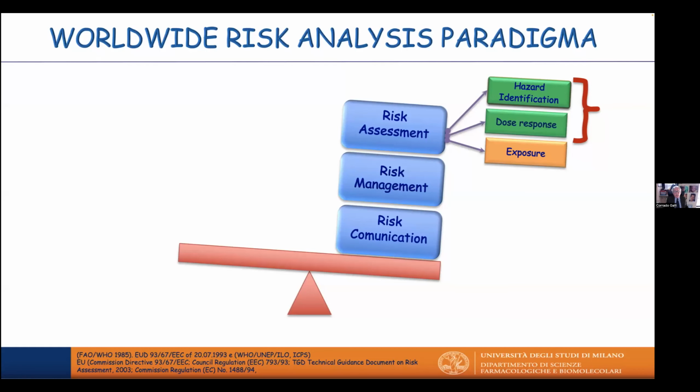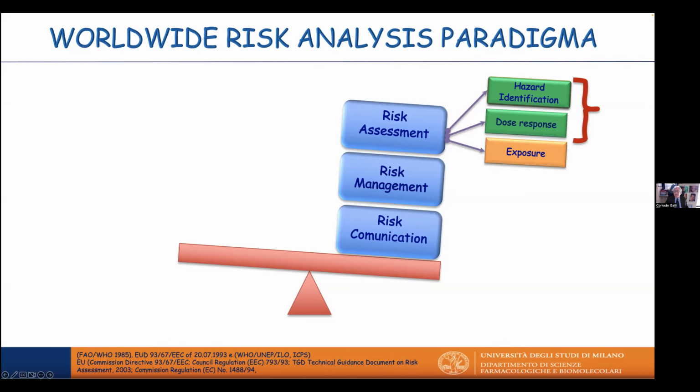Now, if we go back a little bit to the 80s or 90s, the WHO put together some information concerning the paradigm of the risk analysis. And you see that the hazard identification is just one sub-part of the risk assessment.